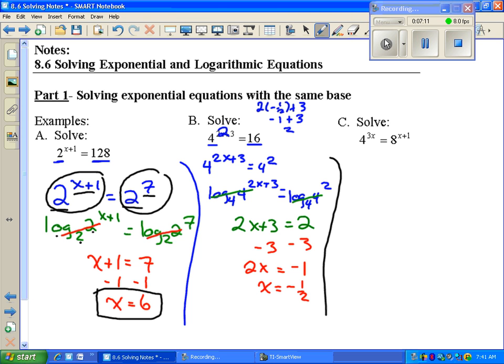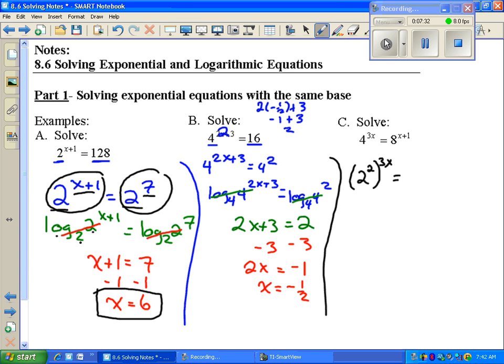Let's try this other problem. In this last problem, the question is, can I write these with the same base? And the first thing you're going to say, well, yes, because 4 times 2 is 8. But that's not the same base. I need to think of this 4 as 2 squared to the 3x power.